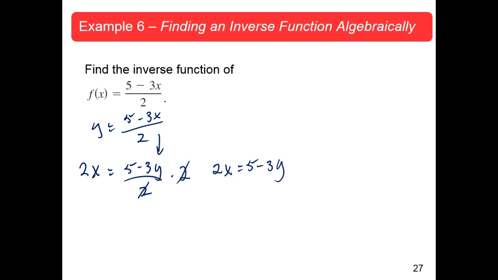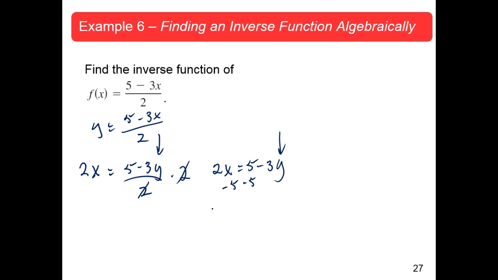Okay. What's the next thing we want to do? We're trying to isolate the y. What thing is easiest to isolate here? Subtract 5 from both sides. It's furthest away from the y, so let's do that. That's easy. So that gives us what?